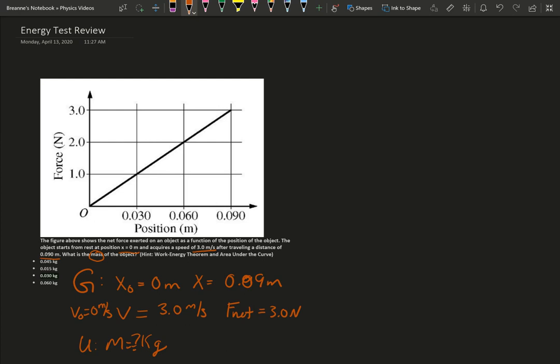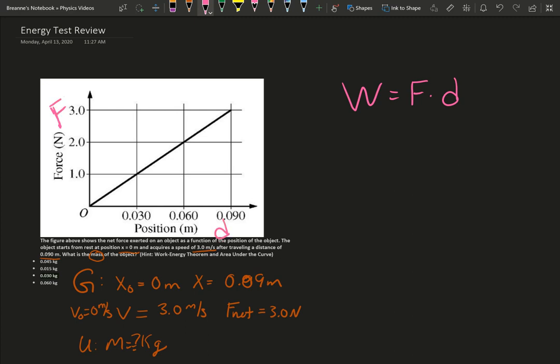Anytime you're going from force and position, work should pop in your head, because work equals force times distance. This side is your force, and this is your distance.